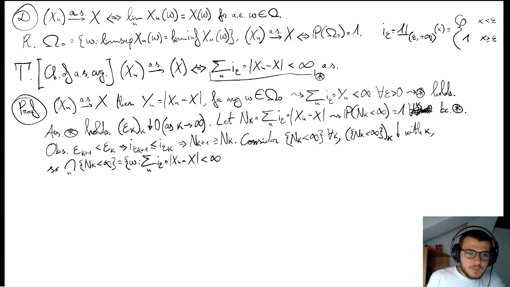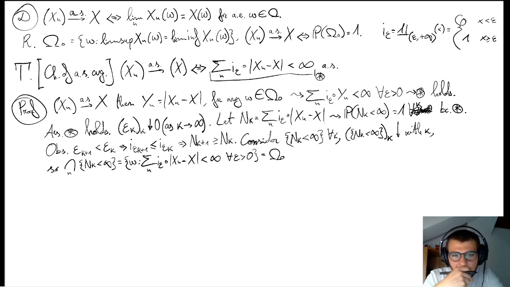This is by definition of N_k, and this is for any epsilon greater than 0. But this is nothing but Omega 0.